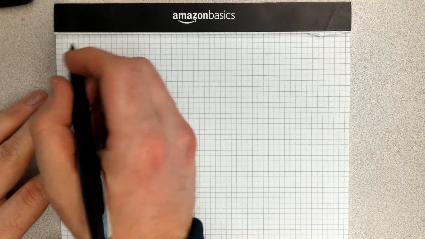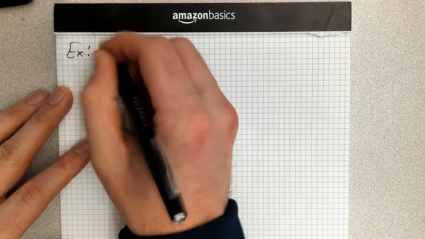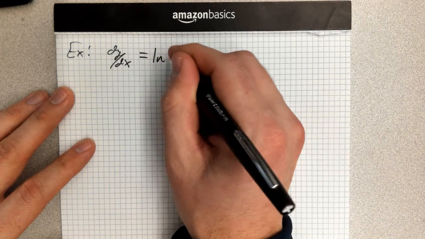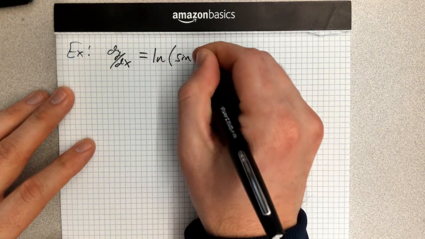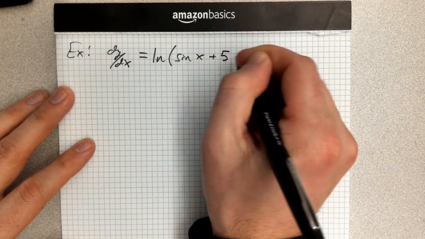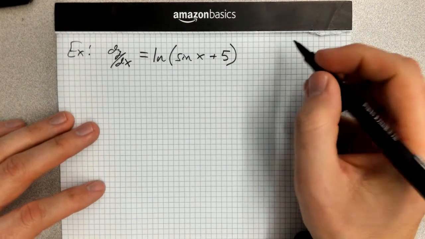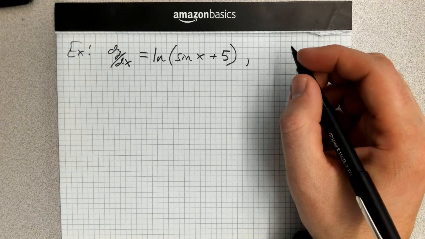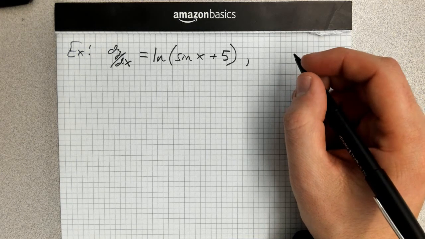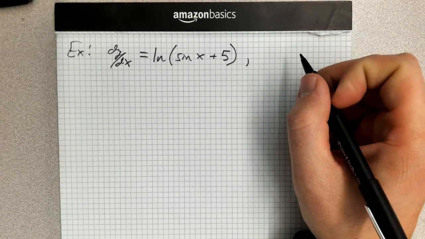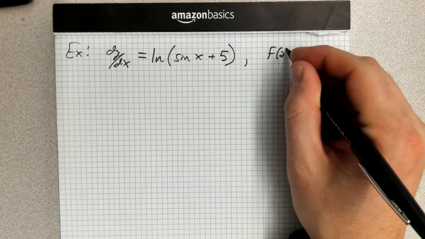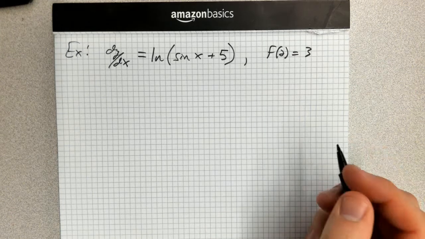We're trying to find the function, and we're given that dy dx is equal to the natural log of sine of x plus 5. The initial condition is f of 2 equals 3. Okay, that's our initial condition.